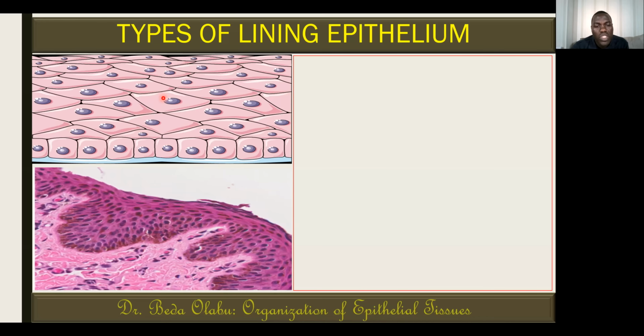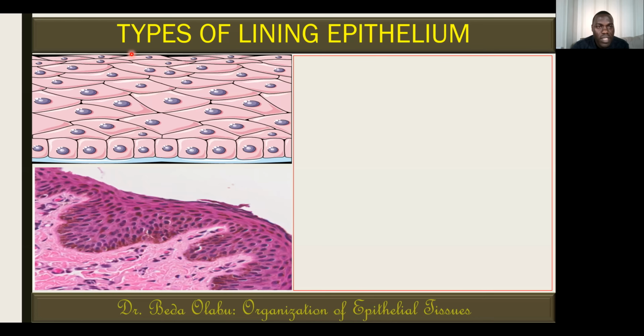How about according to the shape of the cells? Look at them again, and we're looking at the upper image first. When you look at the shape of the cells down here, they're cuboidal. Therefore, you might be tempted to call this stratified cuboidal, but that will not be correct, because when you want to classify epithelium based on the shape of the cells, you look at the cells on the apical side.